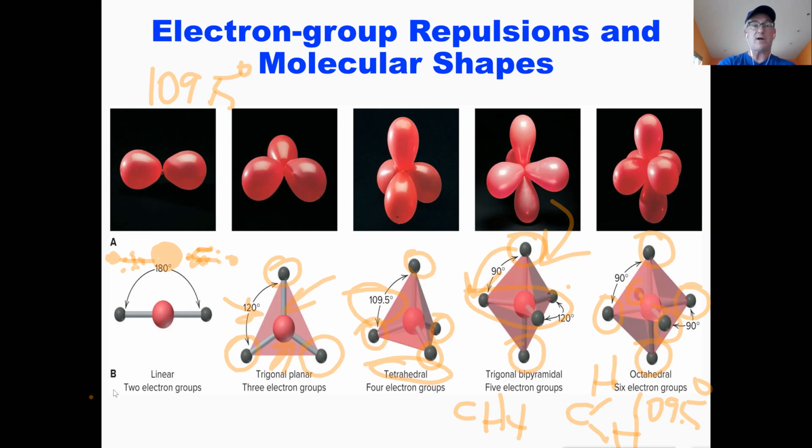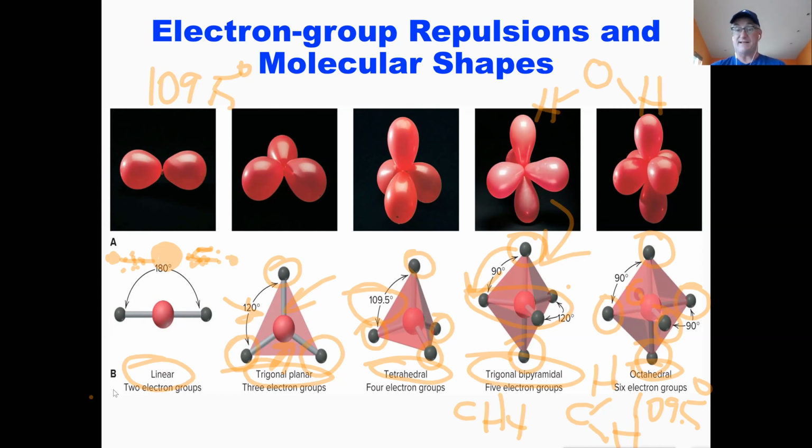So those are the basic shapes. Now, these are what we call the groups. These are the group shapes: linear, trigonal planar, tetrahedral, trigonal bipyramidal, octahedral. That does not mean that the molecules themselves are that shape, because when we talk about the shape of the molecule itself, we basically leave out the lone pairs. Like, for instance, water, we say is bent.